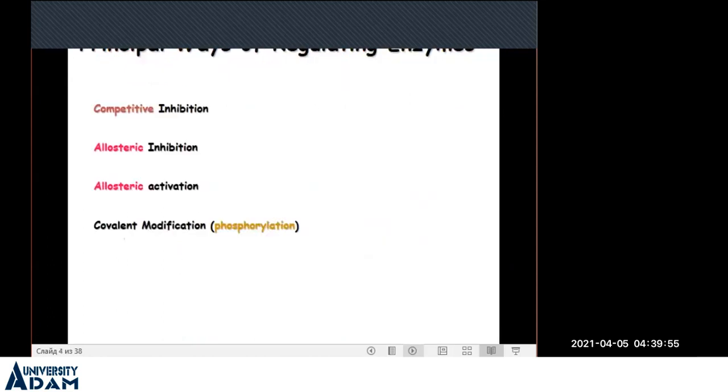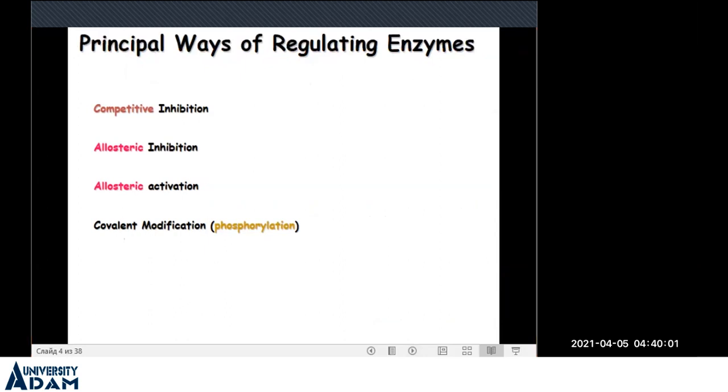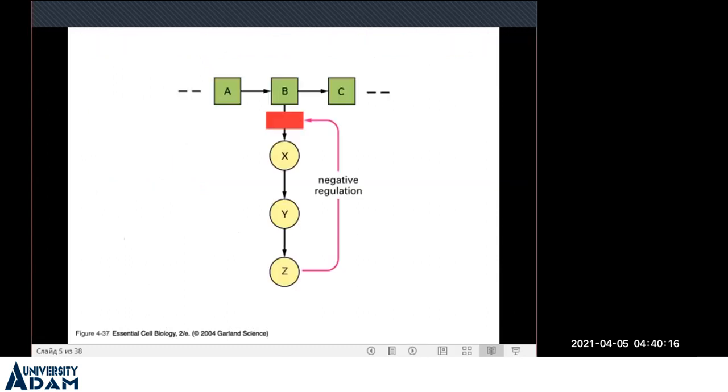When we're talking about the principal ways of regulation of enzymes, we must talk about competitive inhibition, allosteric inhibition, allosteric activation, and covalent modification. What does all of this mean? Before talking about different types of enzyme regulation, let's talk about regulation.